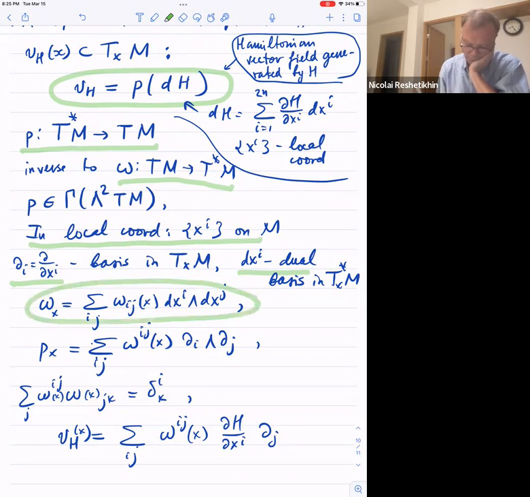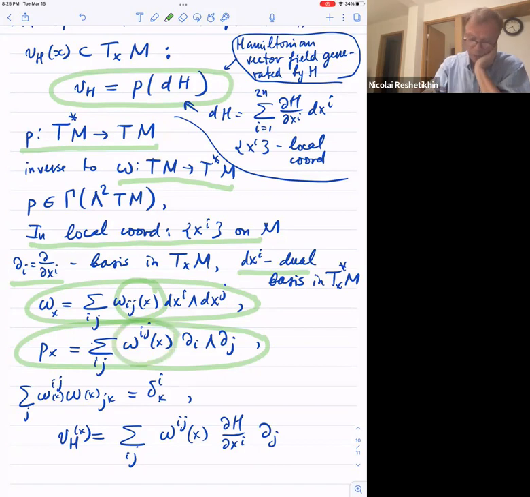Any two-form has this form. Any two-vector has this form, but in our particular case, this is the symplectic form, and this one is the Poisson tensor. So it's a Poisson bivector field.